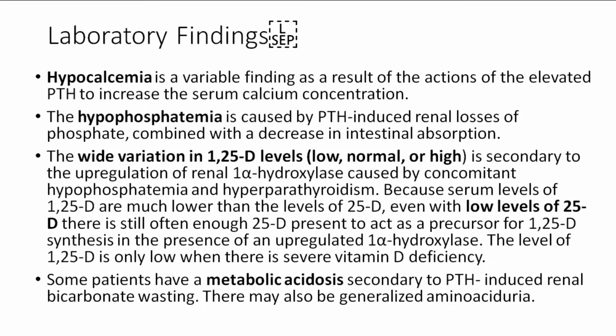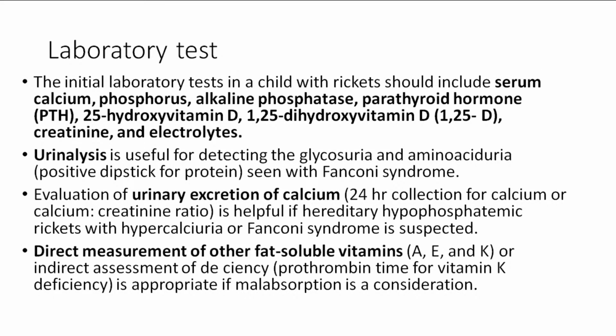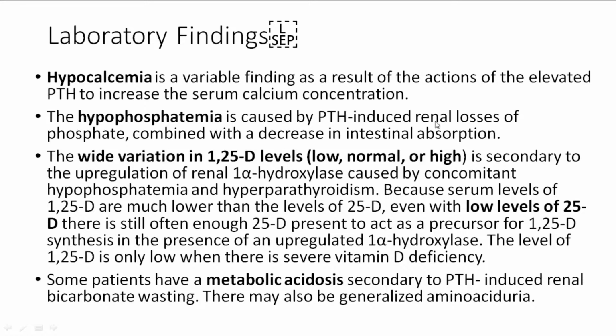The level of 1,25-hydroxyvitamin D is only low when there is severe vitamin D deficiency. That's why we need to fix all variants, 25-hydroxyvitamin D and 1,25-hydroxyvitamin D. Some patients have a metabolic acidosis secondary to parathyroid hormone-induced renal bicarbonate wasting. There may also be generalized aminoaciduria.